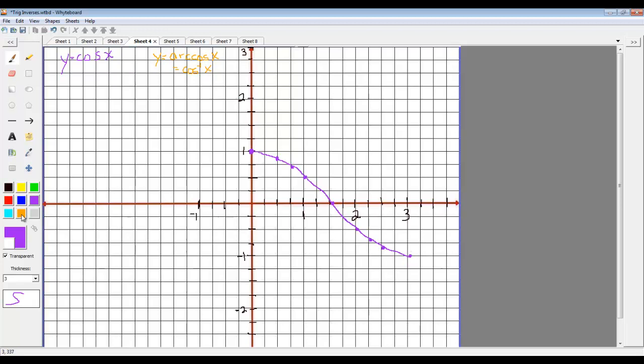Okay, and now for the arc cosine, we swap them. We have a 1, comma 0 right here. We have a 0.87, comma 0.52, so about right here. 0.71, comma 0.79. 0.5, comma 1.05.